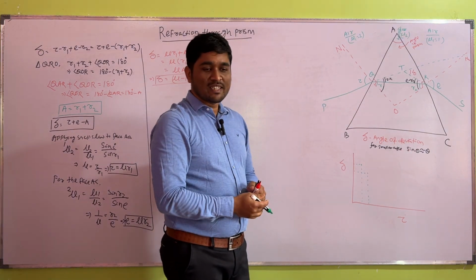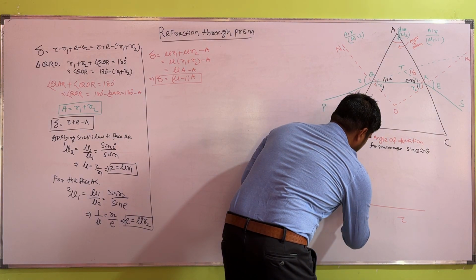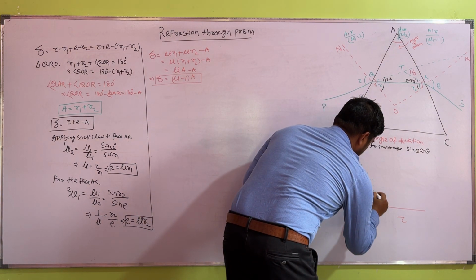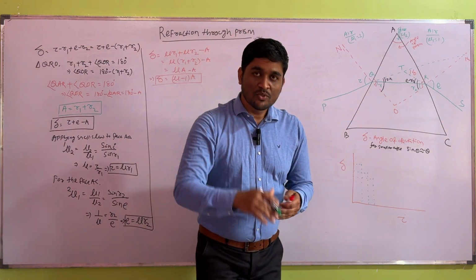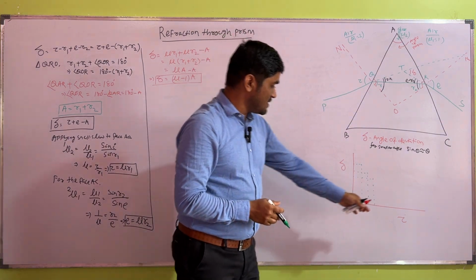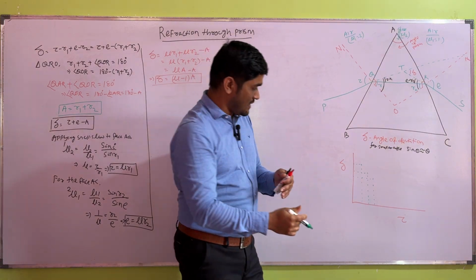Again, if you further increase the angle of incidence, the angle of deviation will decrease. After attaining a certain minimum value, with increase in angle of incidence, the angle of deviation again increases. Clear?